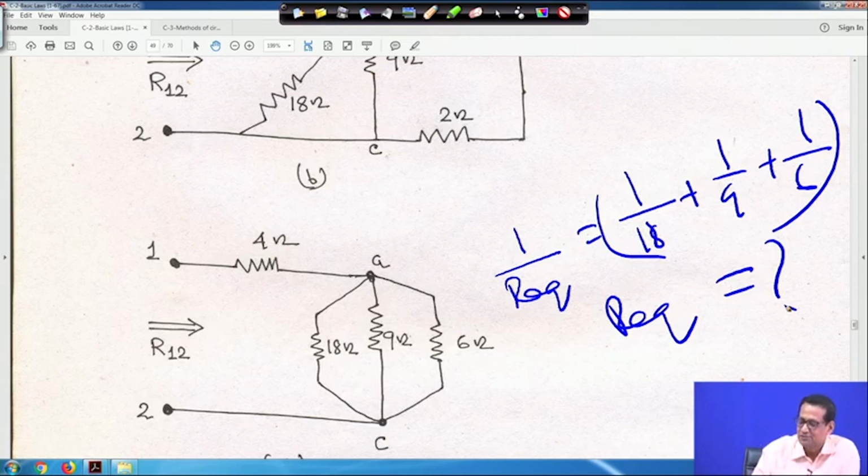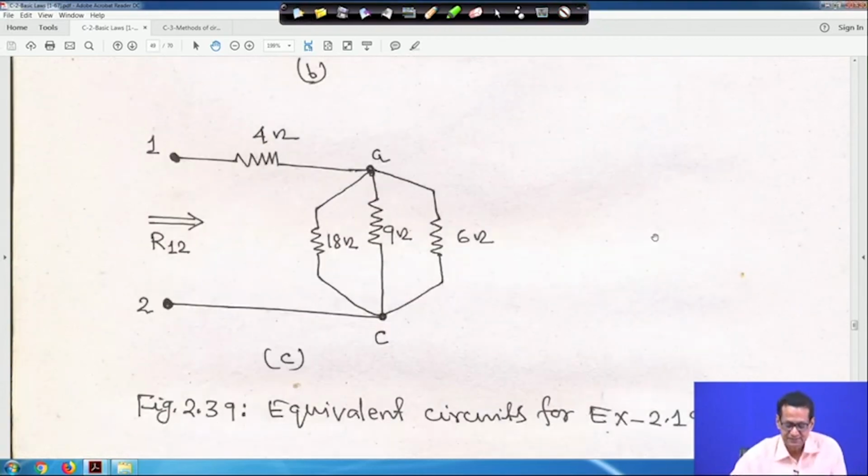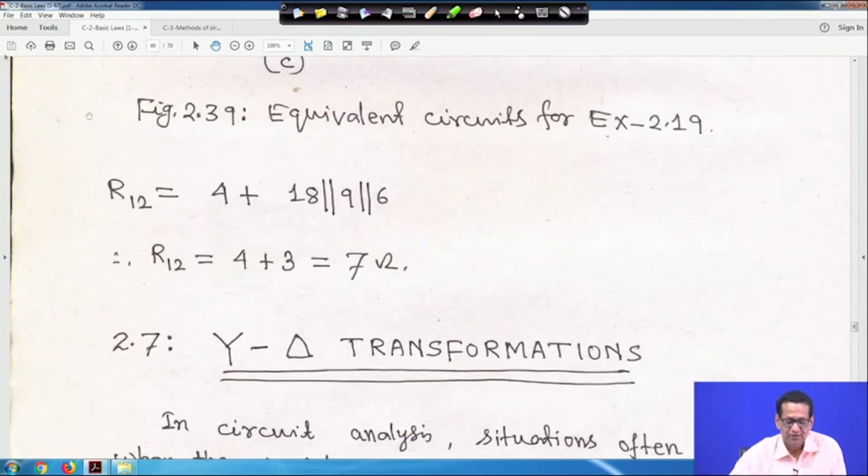Let me clean it. With this, 18 parallel to 9 parallel to 6, the equivalent comes to 3 ohm. So 4 plus 3 is 7 ohm, right. So the answer will be R12 is equal to 7 ohm.